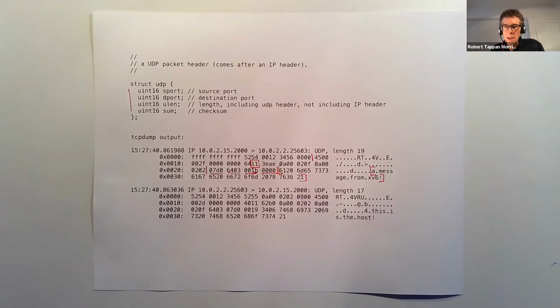And if it is, it'll use ARP to translate the IP address into an Ethernet address and then send the packet over the Ethernet to the target host. That's the special case in which the target host is on the same network. In the more general case where you're sending the packet somewhere else on the internet, across the country, you'll send the packet to a router on the same local area network.